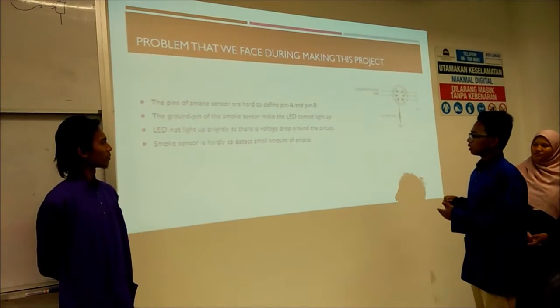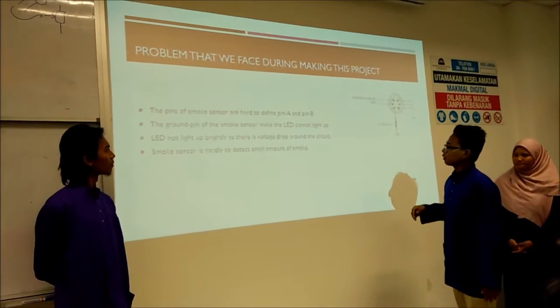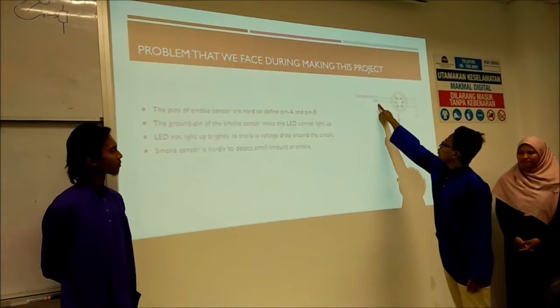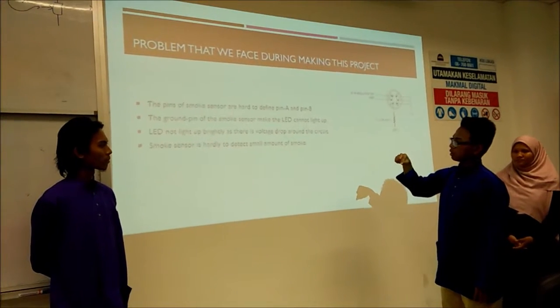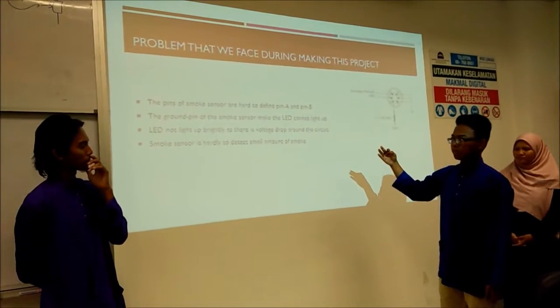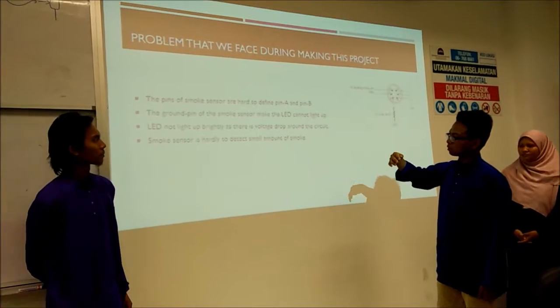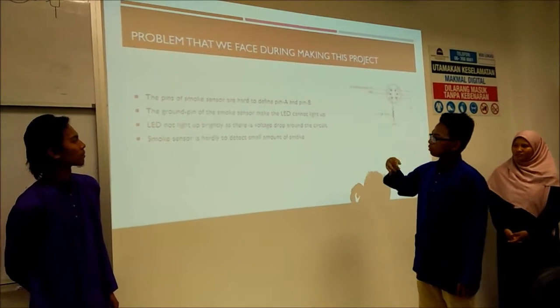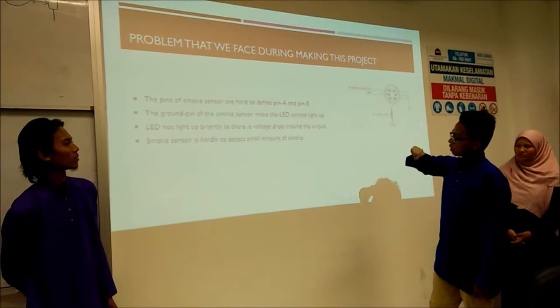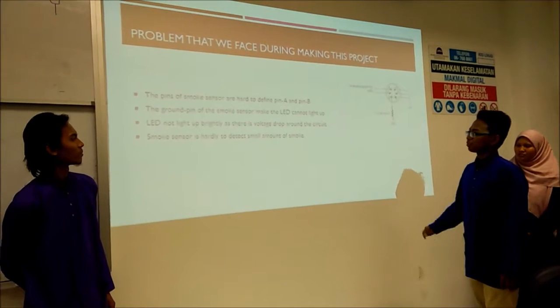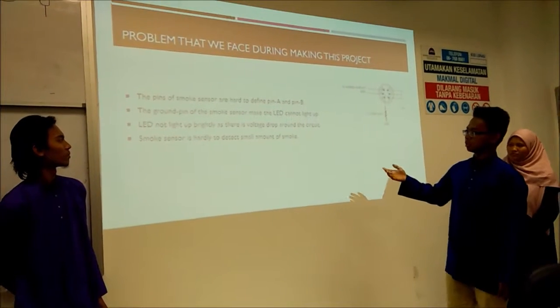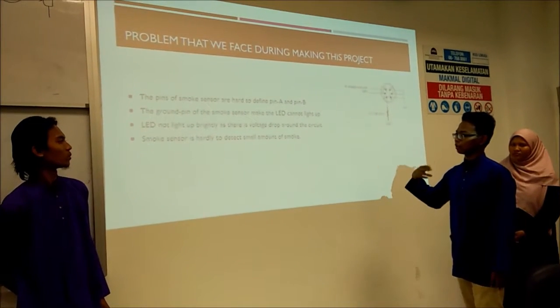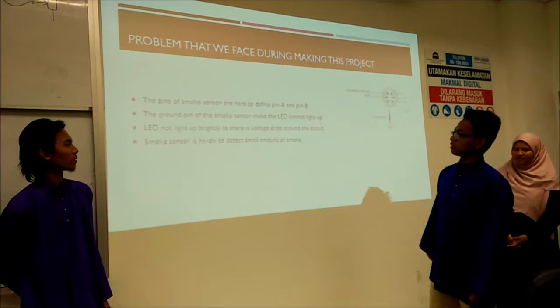When we put the ground pin to the ground, the LED could not light up. So we unplugged the ground pin, then the LED could light up and the circuit could run smoothly.